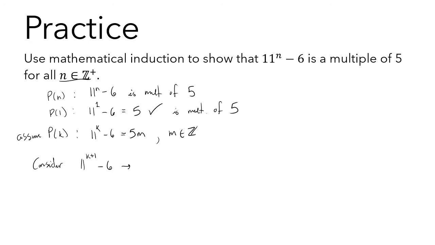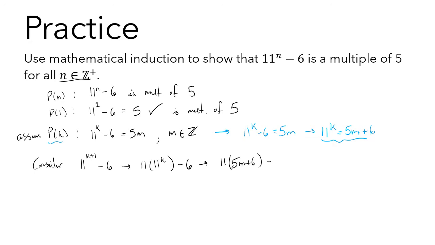So 11 to the k plus 1 is the same thing as 11 times 11 to the k, and then minus 6. So remember that we said in our assumption that 11 to the k minus 6 equals 5m, where m is some integer. Well, that also implies that 11 to the k equals 5m plus 6. Now I'm going to use this fact, and you always have to use your P of k step. I'm going to plug it in for 11 to the k. So right here I'm going to get 11 times 5m plus 6, and then minus 6.